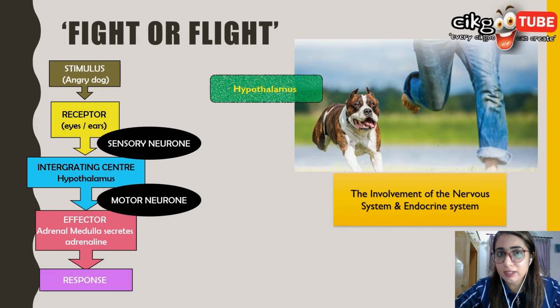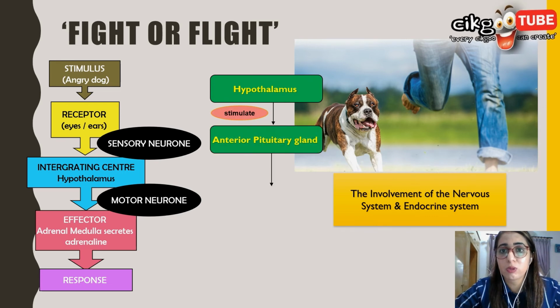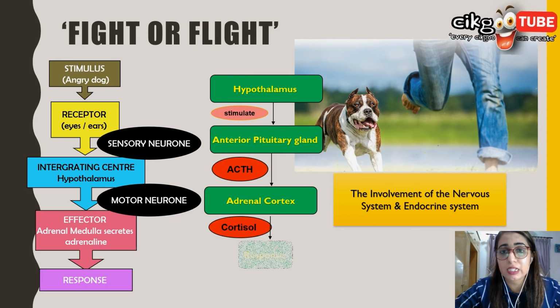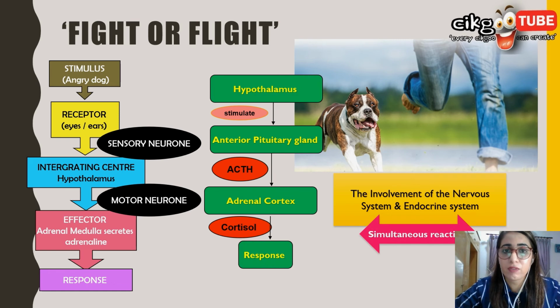Simultaneously, the endocrine system is also involved to prepare the body in a stressful situation. For example, the hypothalamus stimulates the anterior pituitary gland to secrete the adrenocorticotropic hormone, ACTH. Now, the bloodstream transports the ACTH to the adrenal cortex to stimulate the secretion of cortisol hormone.